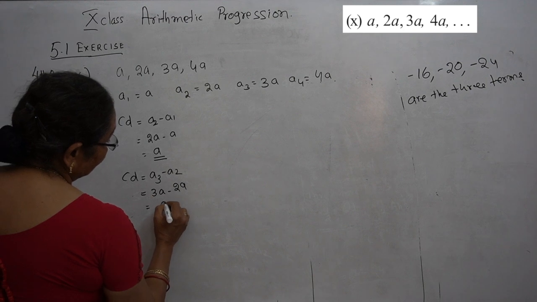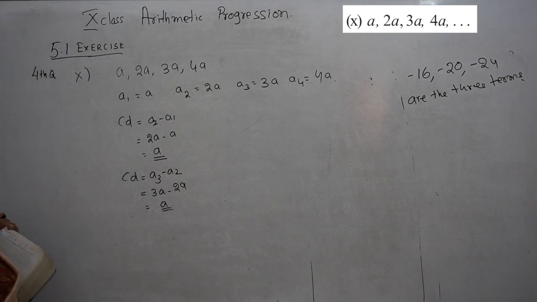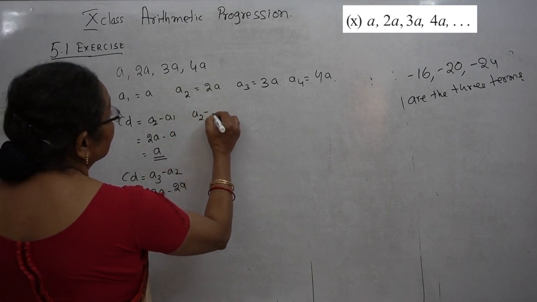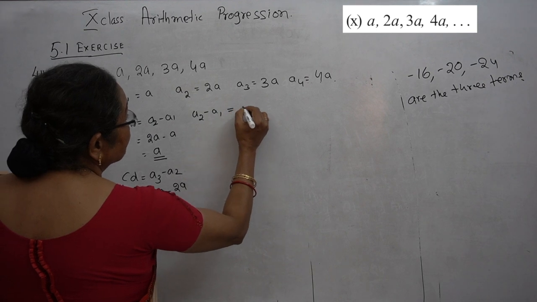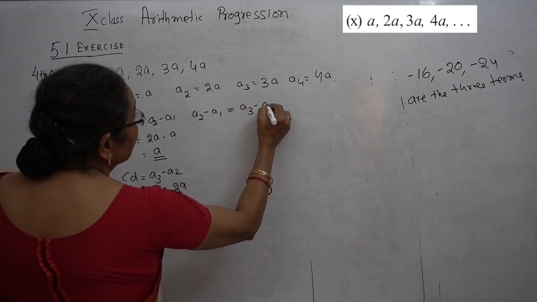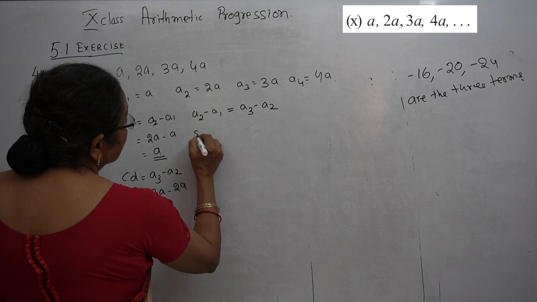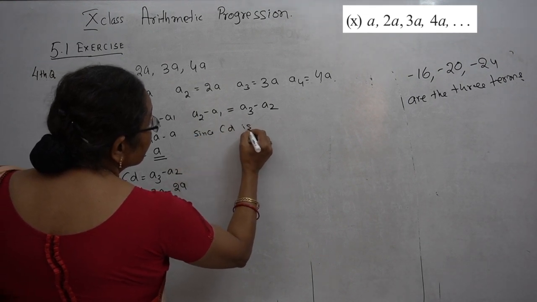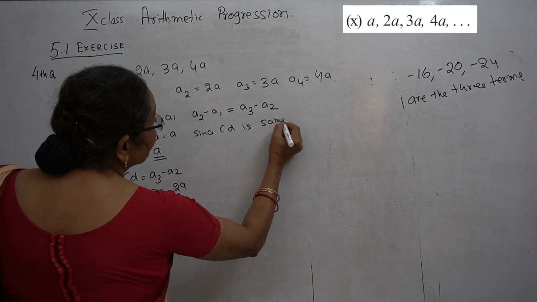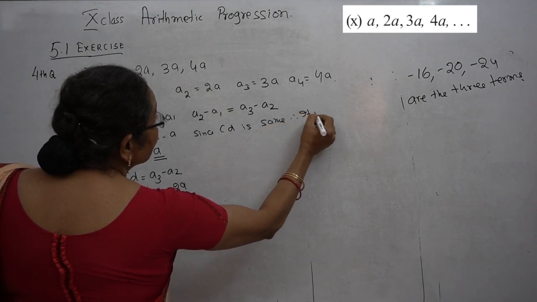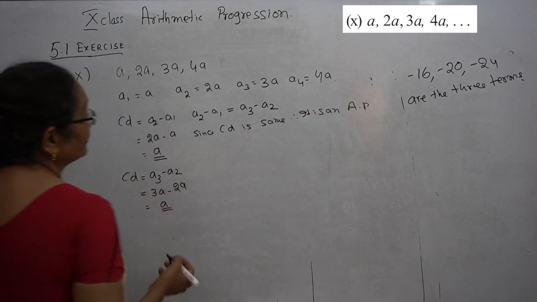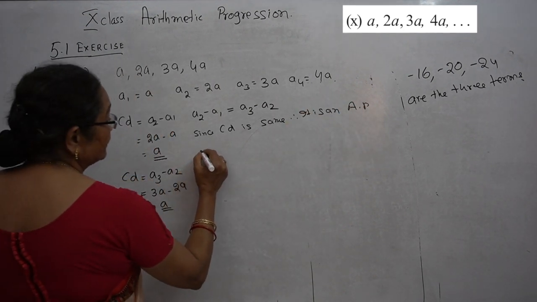If you subtract, you are getting A only. That means all the common differences are the same. Therefore, A2 minus A1 equals A3 minus A2. Since the common difference is the same, therefore it is an AP.